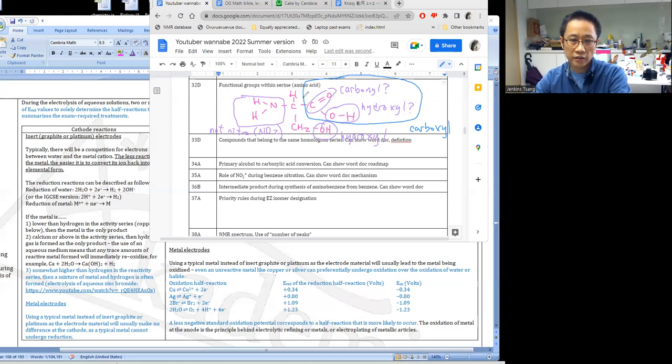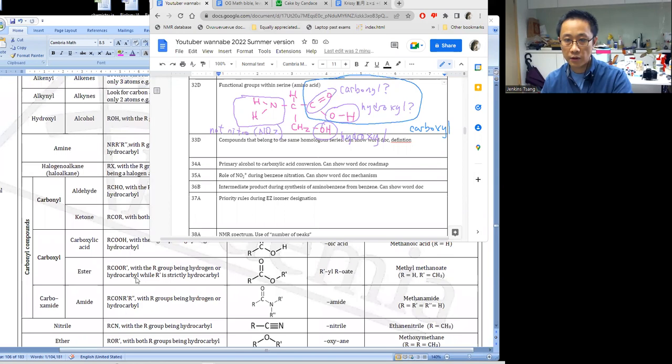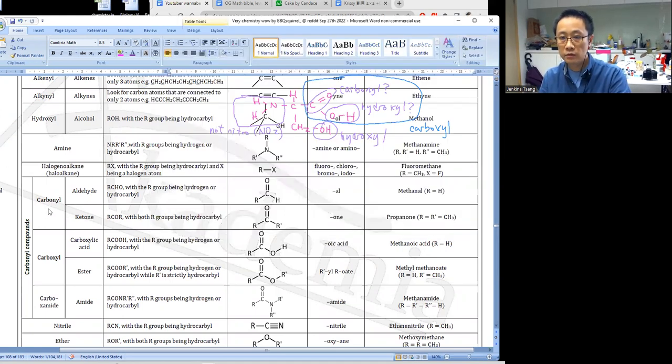I don't think this is one of the best questions, because carboxyl compounds belong to a subclass of carbonyl compounds. That's what I believe to be true according to the Oxford study guide. So carboxyl is encompassed under carbonyl, whereas there are some other functional groups which can still be classified as strictly a carbonyl compound.